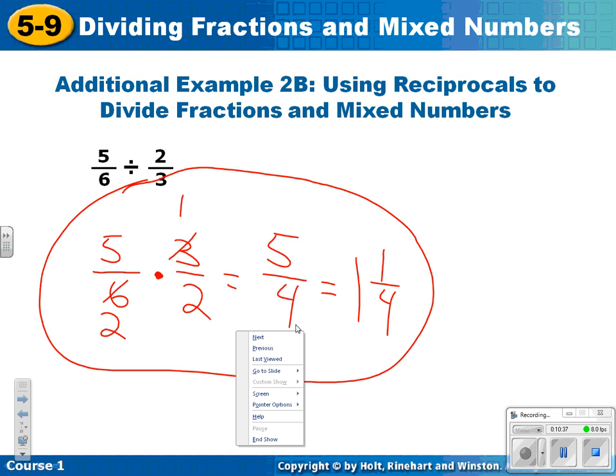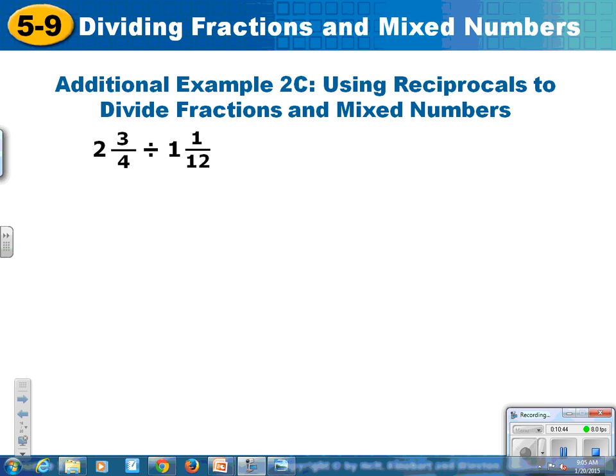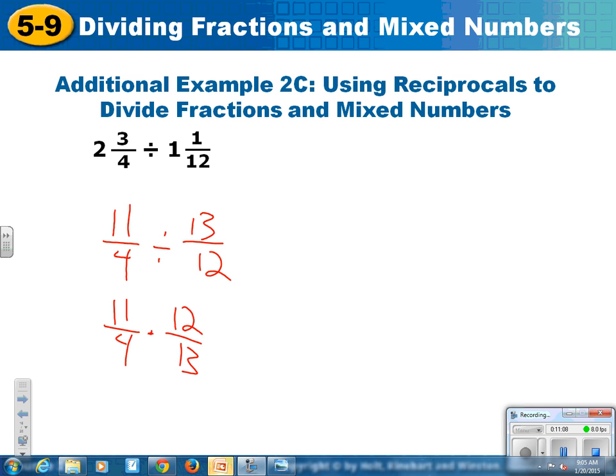Why don't you guys try that one on your own, on your whiteboards. First thing I want to do is get improper fractions. So I'm going to end up with 11 over 4 divided by 13 over 12. Then I don't actually divide fractions, so I multiply by the reciprocal. So we have 11 over 4 times 12 over 13.